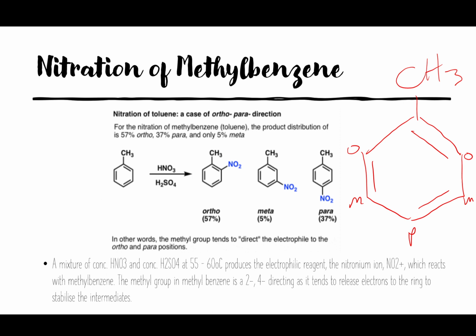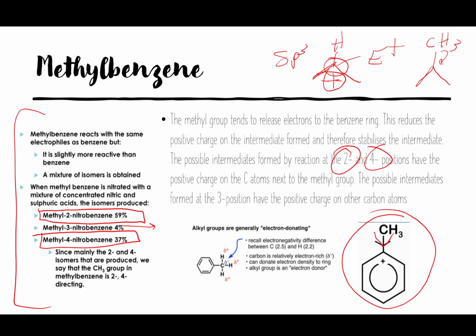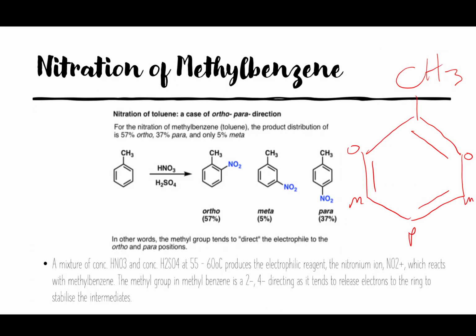Now, because of the destabilization of the group when things are added to the meta position, remember the slide here says so. The possible intermediates at the meta position allow for a positive charge to exist on carbon atoms, right? So let me actually slow down.